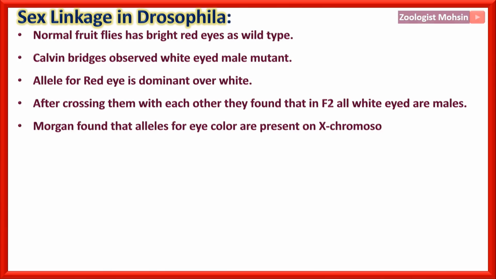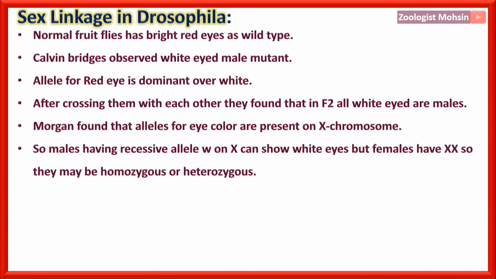Morgan found that alleles for eye color are present on the X chromosome, so males having the recessive allele w on X can show white eyes, but females having XX may be homozygous or heterozygous, and in both conditions they cannot show white, but only in the recessive condition of both X can they be white.